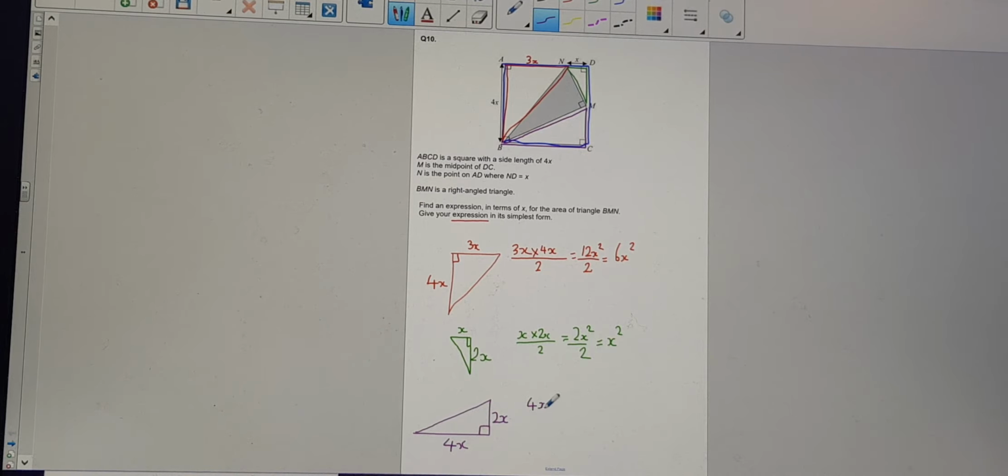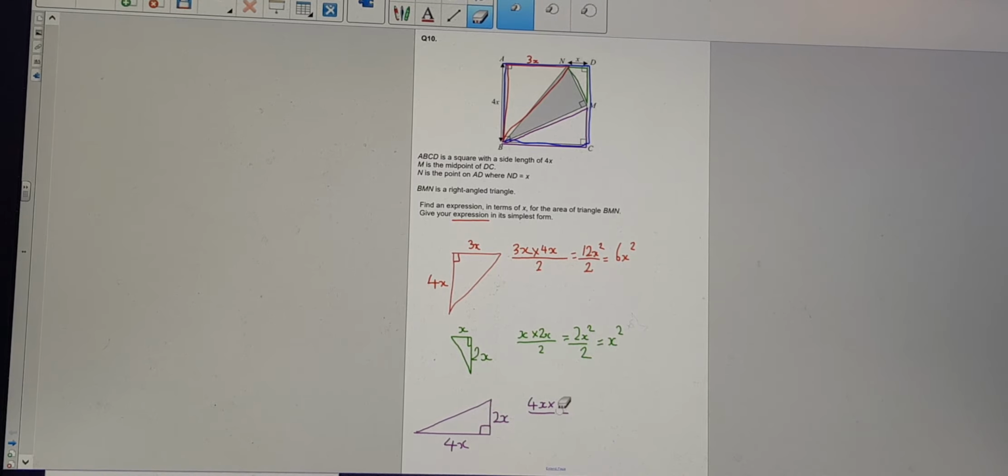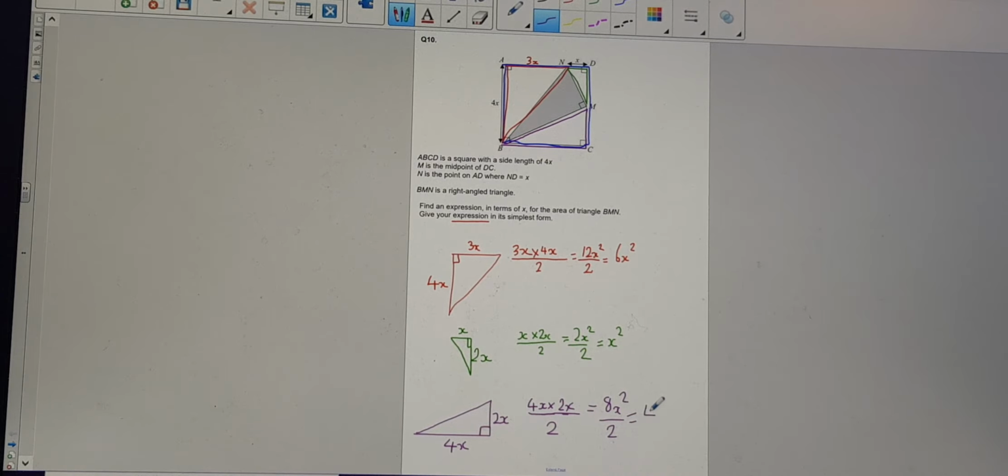Oh, perpendicular height was 2x, sorry. 4 times 2 is 8. x times x is x squared. 8x squared. Base times height divided by 2 gives me 4x squared.